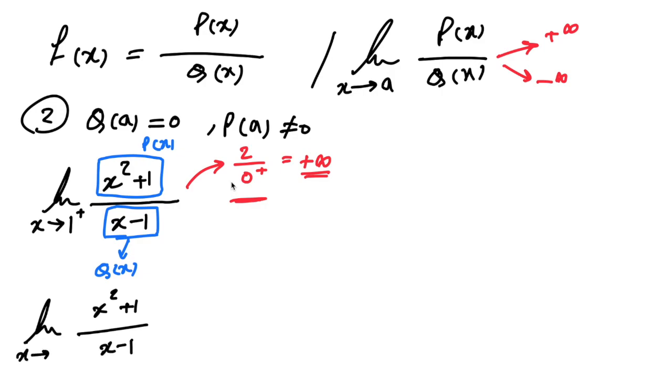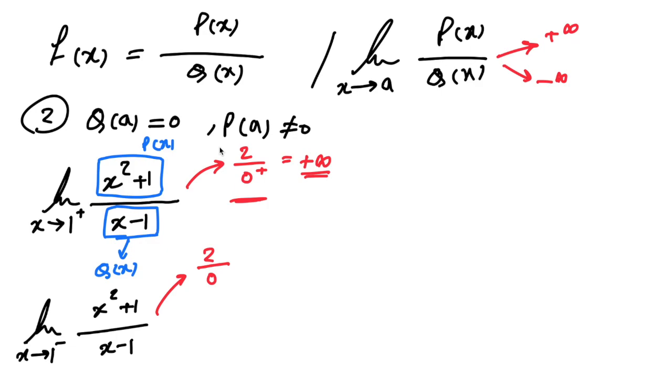This time x approaches 1 from the left side. So again, you can see it is 2 by 0. The numerator is 2, the denominator is 0. We need to find the sign of the denominator. Is it 0 positive or 0 negative?